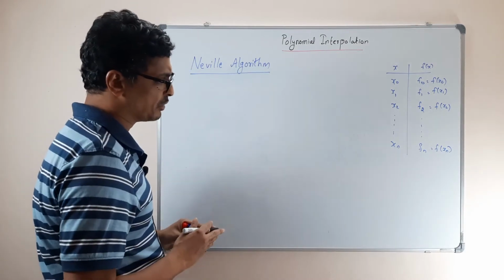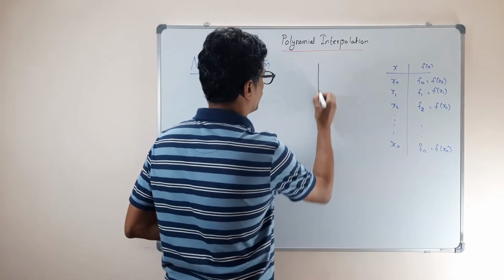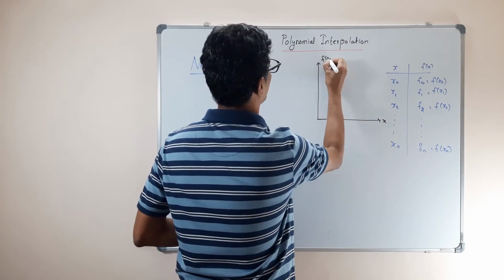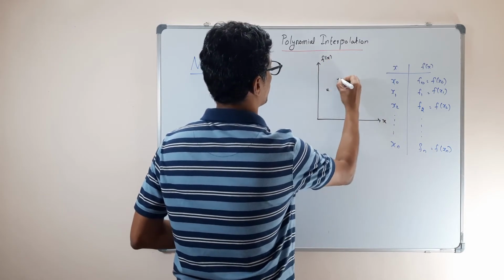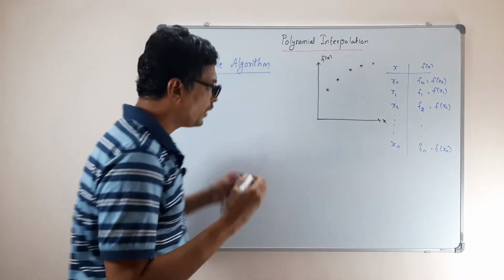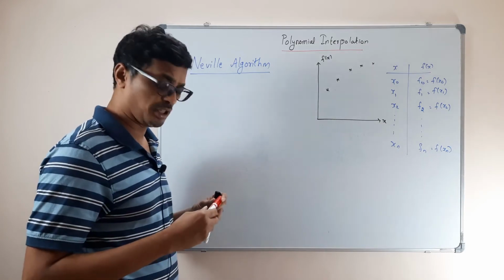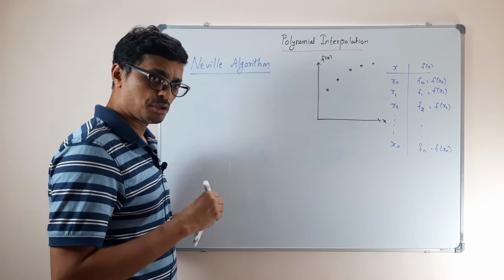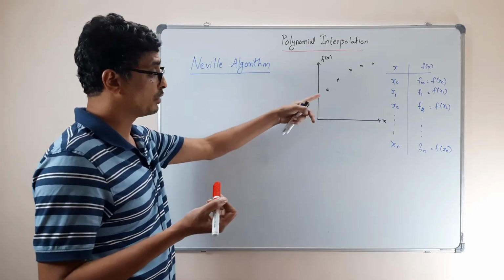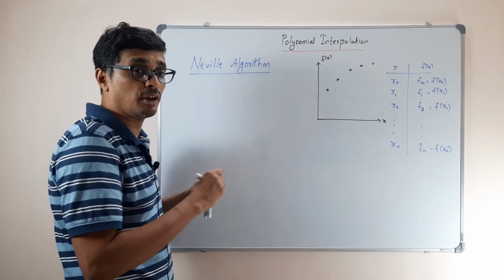What we do in the Neville algorithm is, let us plot the data points first. So this is our x, and this is our f of x, and we have the data points something like this. For instance, if I give you only one data point and ask you to interpolate a polynomial using only that one data point, what is the highest degree polynomial you can construct?